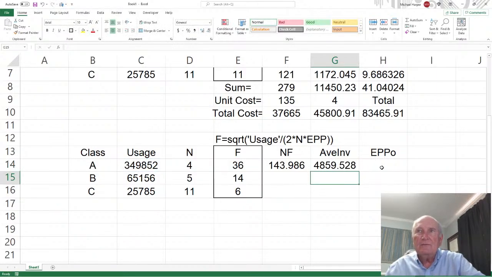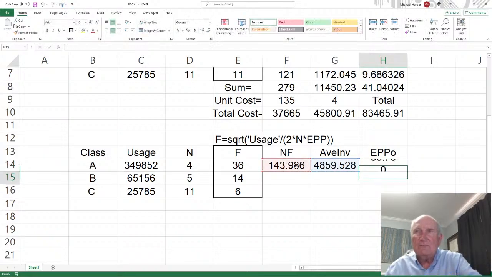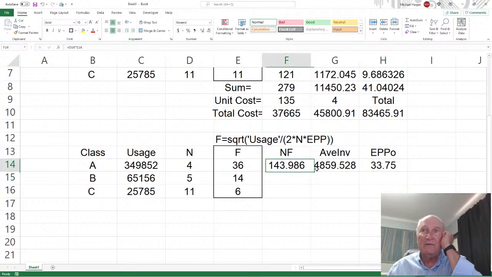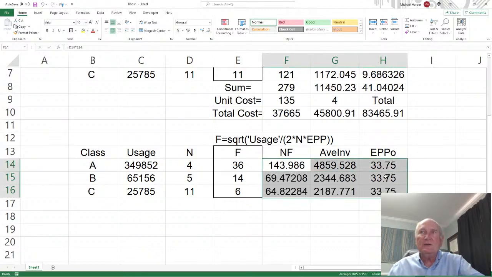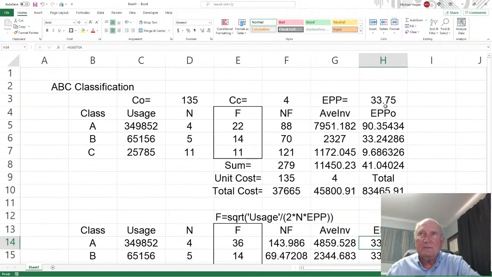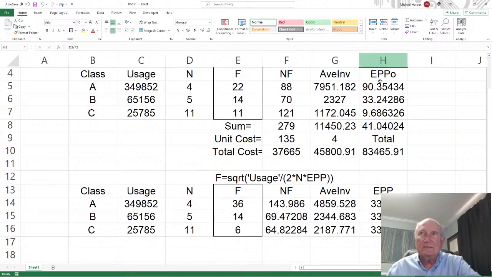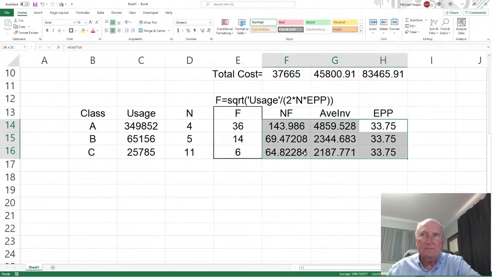Okay, and then the EPP will equal the average inventory divided by the frequency, and that should be 33.75. And we'll just copy those down. Boom, boom, boom, and there we go. See, this is no longer observed. This is optimal because it's the 33.75. Why is this the same? Because this was derived to make the EPPs the same, so it's economically balanced.